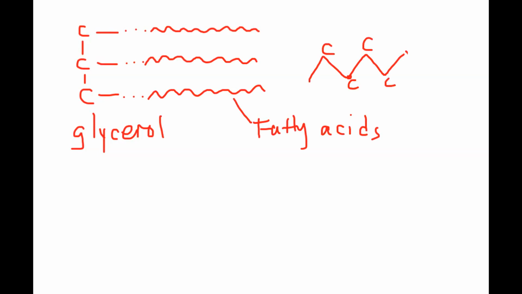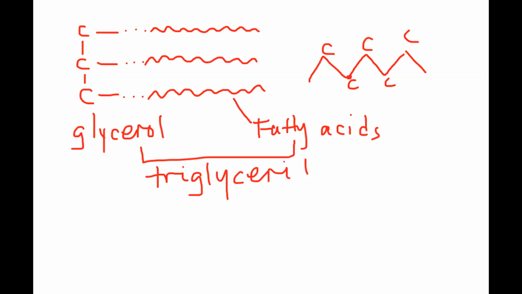There are a lot of these chemical bonds here in the triglyceride. So these together right here is called a triglyceride. That's what we call fat. Tri means the three fatty acid tails linked to the glycerol is called a triglyceride.